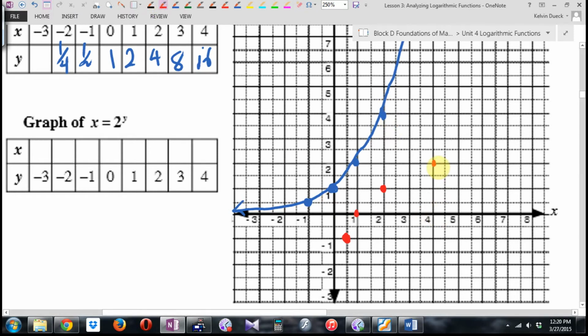In fact, you know what? I'm starting to see the shape. Are you guys as well? Because 3, comma 8 is going to be 8, comma 3. That red graph is the inverse of the blue graph.